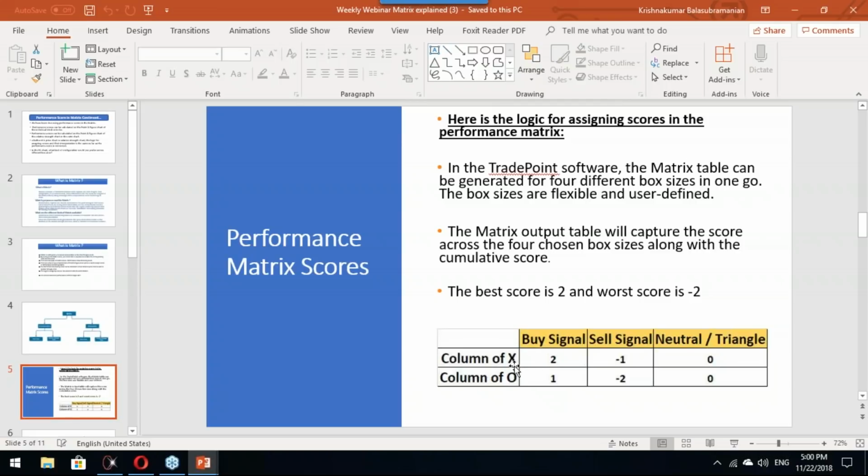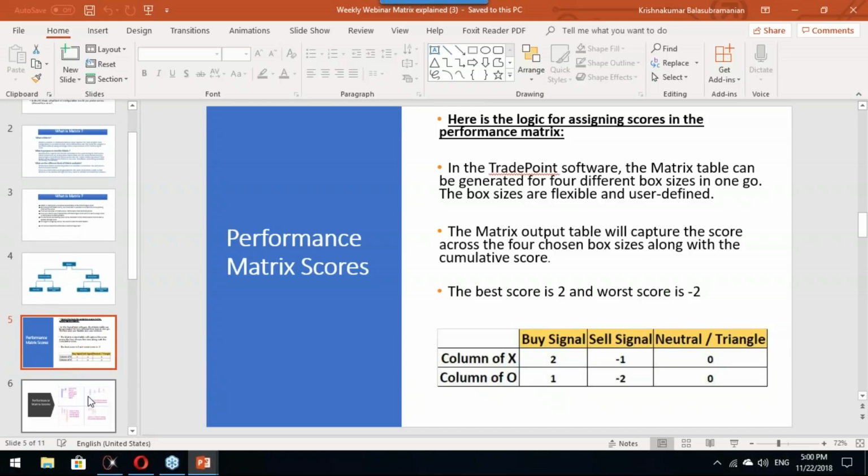So we are basically looking at whether the price is in a column of X or O, and whether the last triggered signal is a buy signal or a sell signal or a triangle, right? So if it is buy in a column of X, the maximum score of 2, and sell in a column of O, the worst possible score of -2, and anything else will be either 1 or -1 or 0, right?